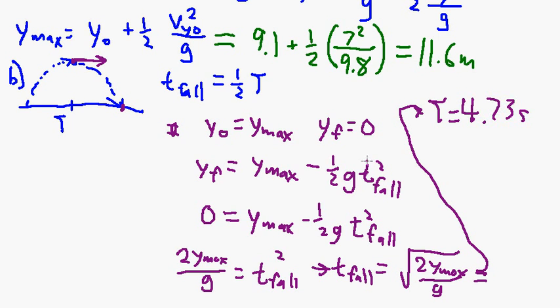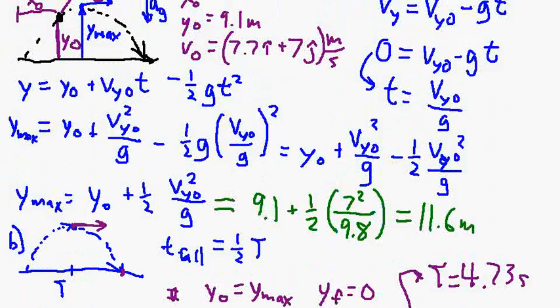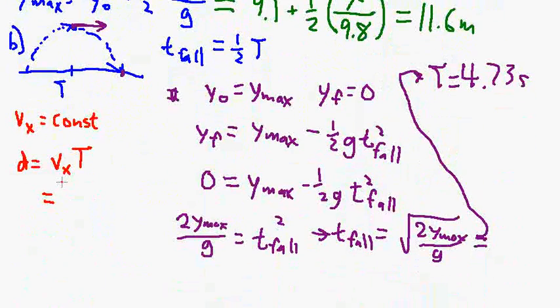Well, the velocity in x is constant, and so the distance traveled is just that velocity times the time it's in the air, which equals, if I recall, 7.7, and then the time is 4.73.